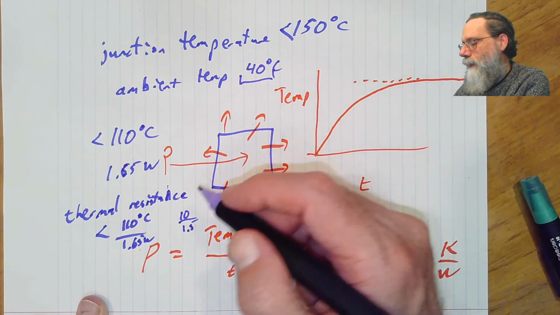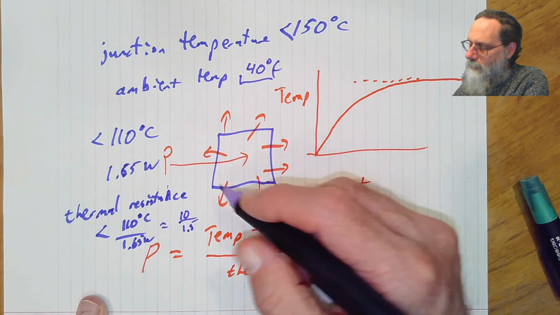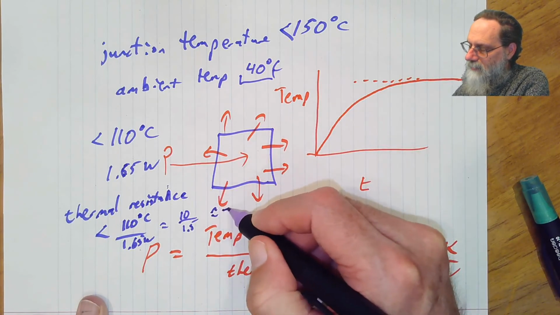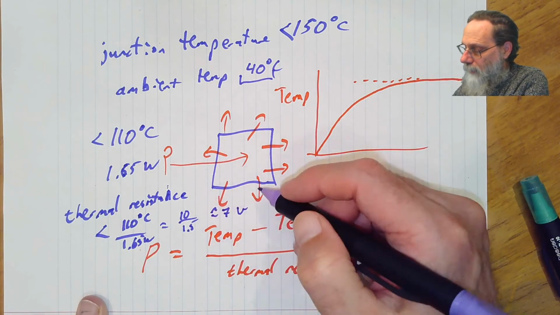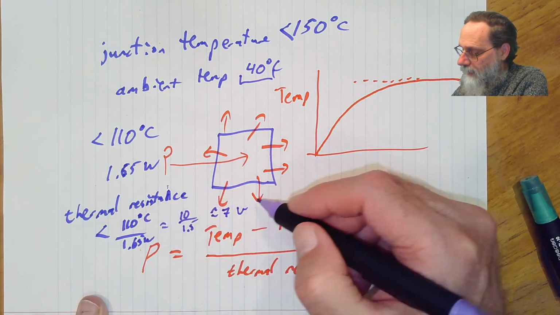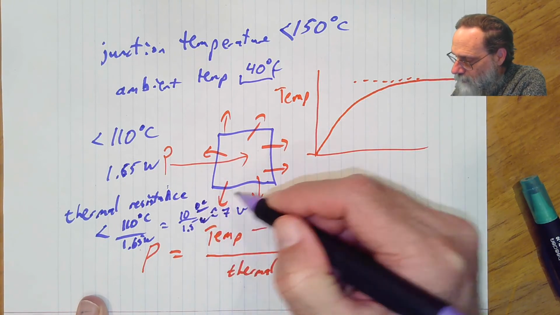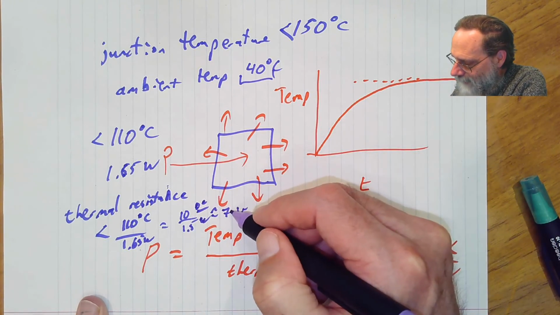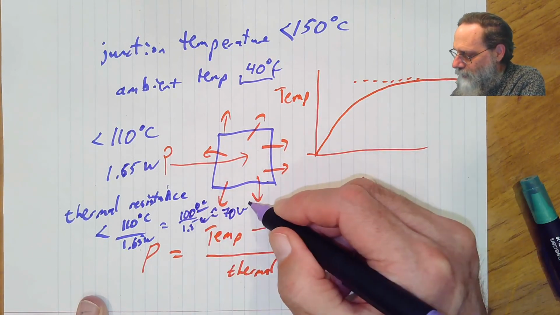I'm not doing this very well in my head. That's about 7, and this is all degrees C. Oh, sorry, that's about 7 degrees C per watt.